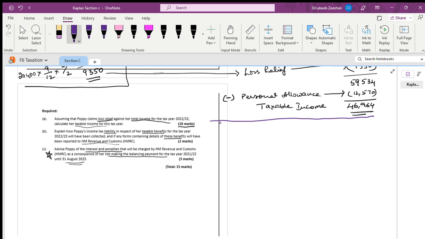Explain how Poppy's tax liability or tax benefits in the year will have been collected. See, taxable benefits.